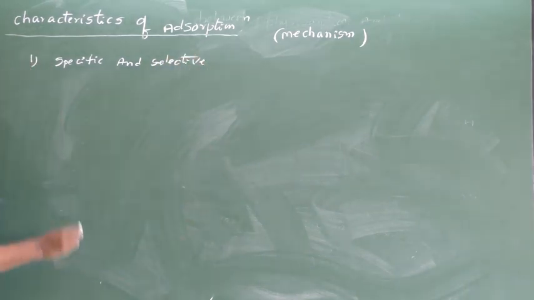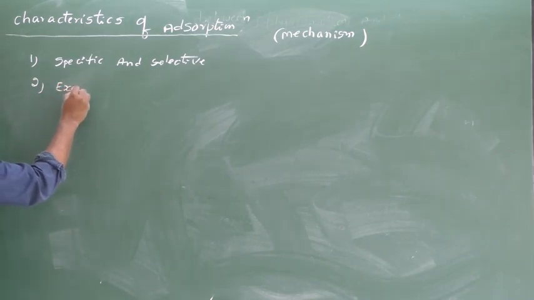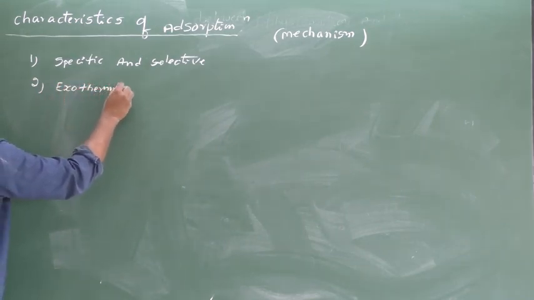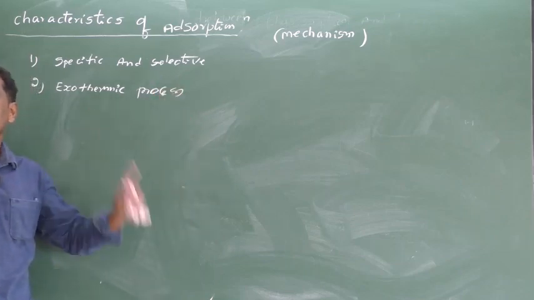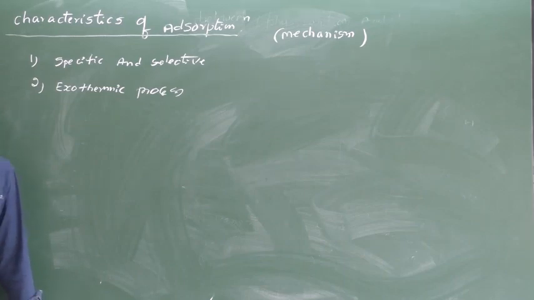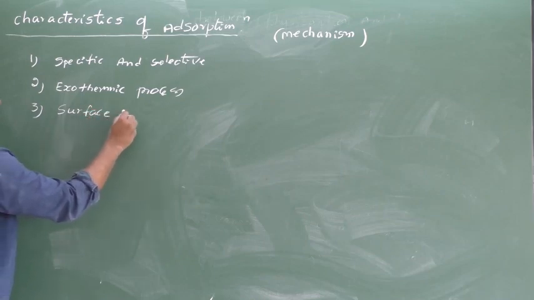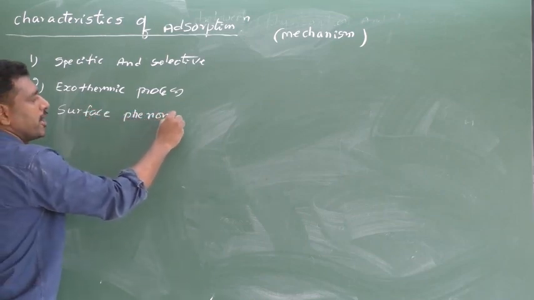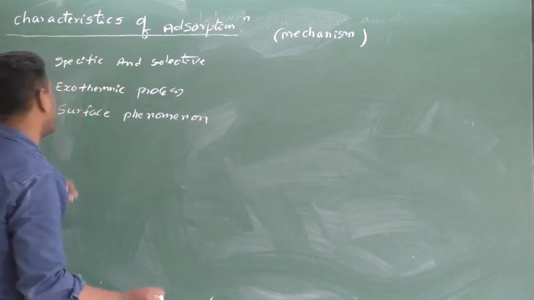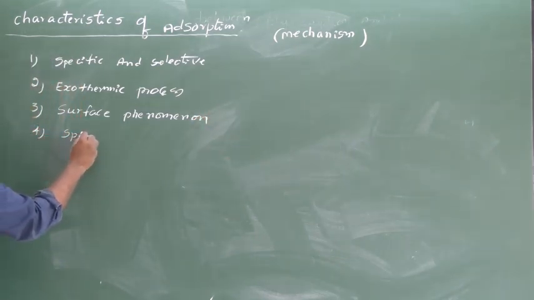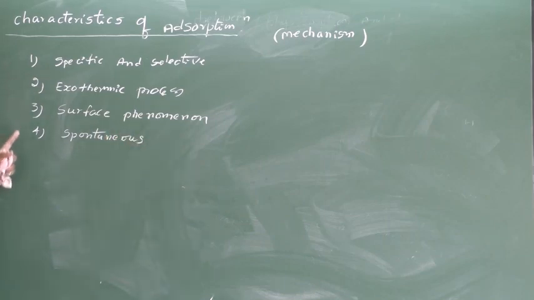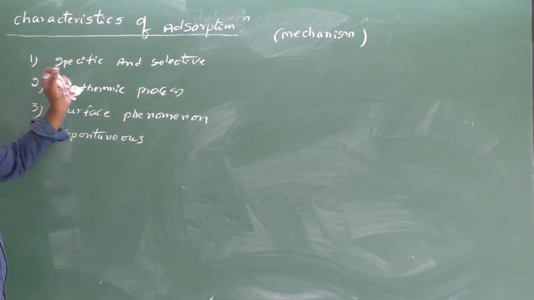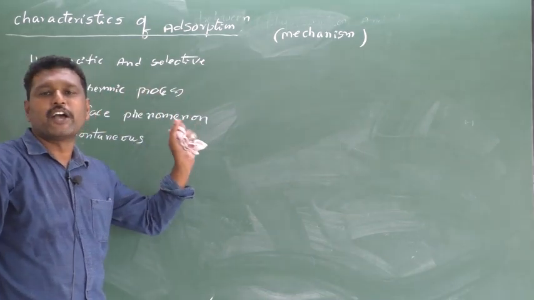And adsorption is an exothermic reaction. The second characteristic is that it is exothermic, and it is a surface phenomenon. Also, one more important point: it is a surface phenomenon. Third point. And the fourth point is that it is a spontaneous process. These are the characteristics of adsorption.